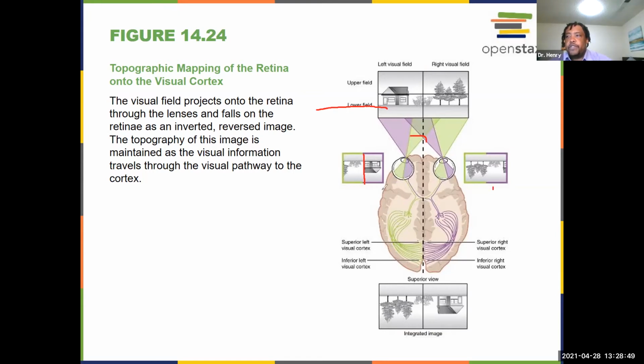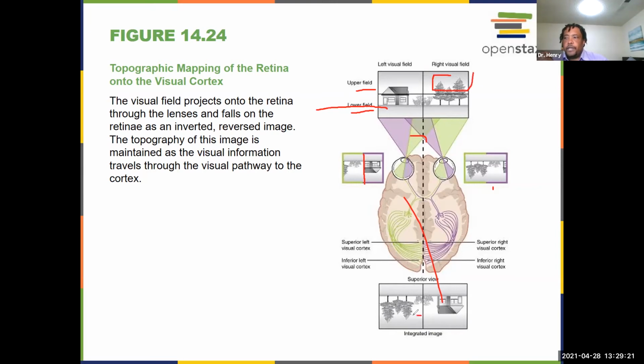So what happens is that when we go to the brain, it will reconstruct that topical image. And so it'll actually break things up so that we can actually reconstruct that image. So we'll have that lower field and the upper field. And so our brain, so the upper left visual cortex is going to process basically the upper right component.